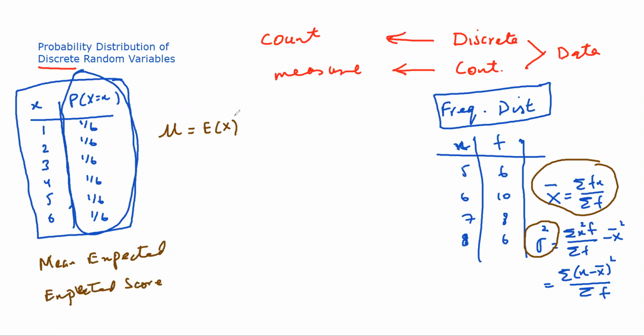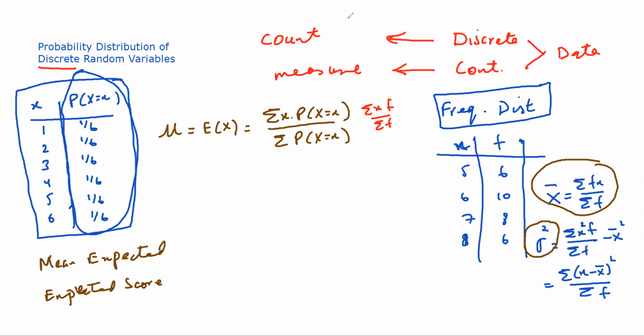So this is E of X. Its actual formula is sigma X into the probability X equal to x, over sigma probability X equal to x. If you look at this, this is absolutely the same as writing sigma x into f over sigma f.